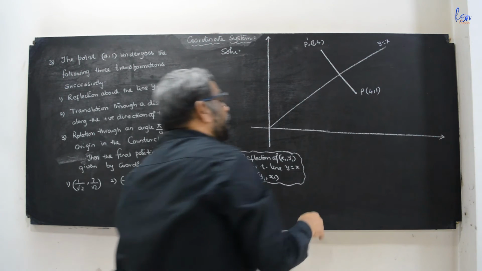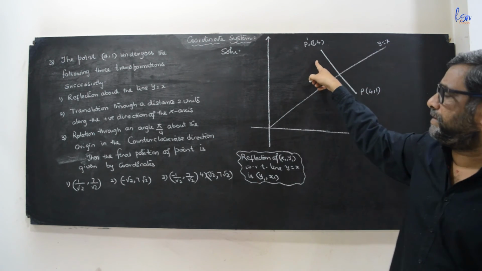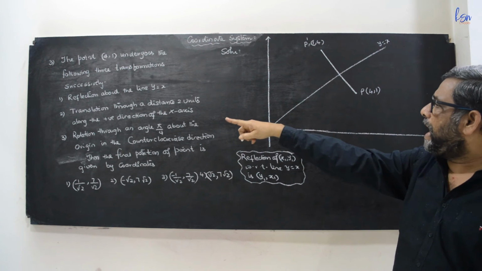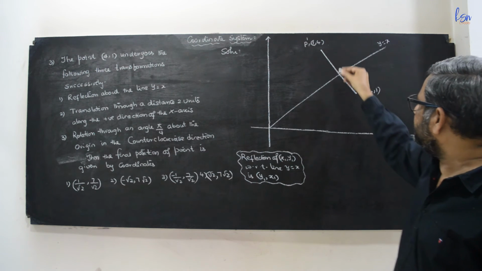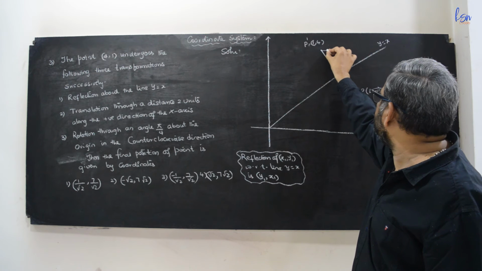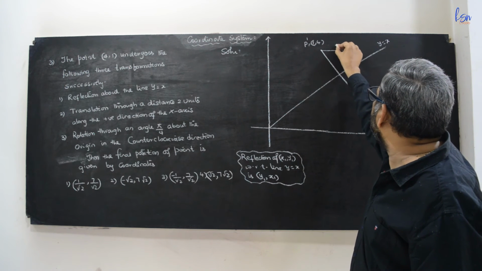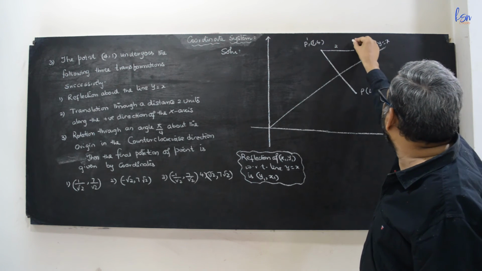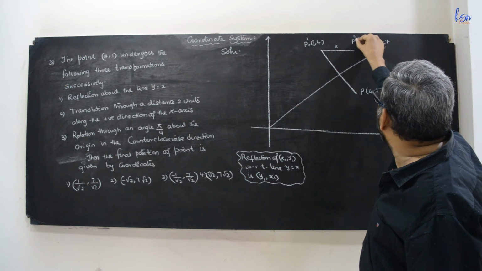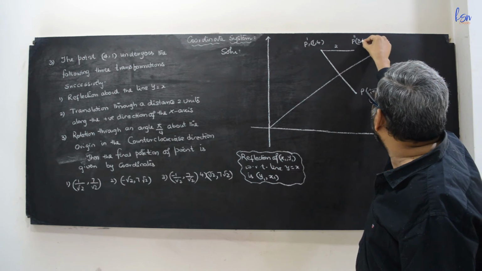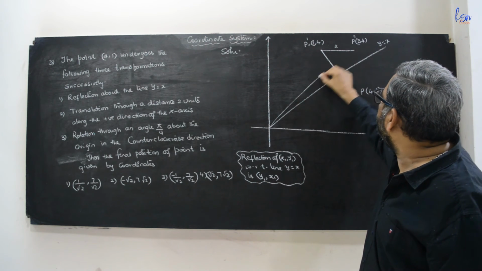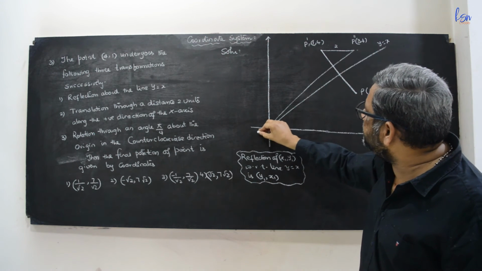So this is now the point P. According to the second condition, the translation through a distance of 2 units along the positive direction of the x-axis, so parallel to the x-axis in the positive direction by 2 units. Therefore, the transformed point, let us call it P double dash, is (3,4). Let us join these 2 points. This is the origin.